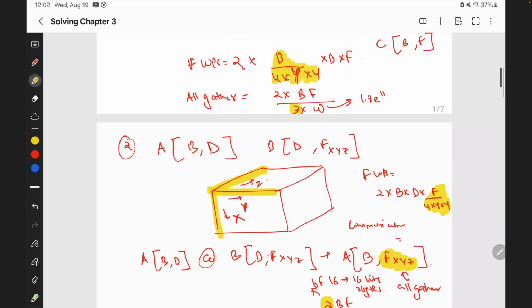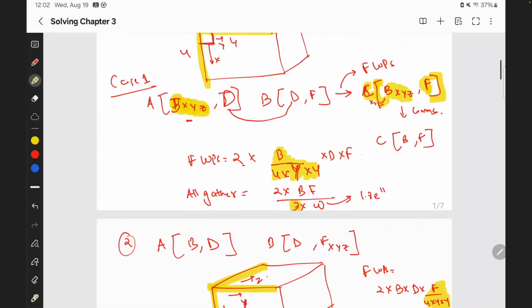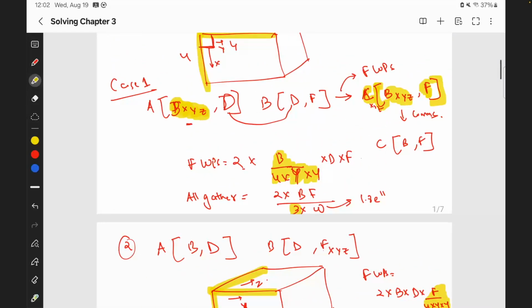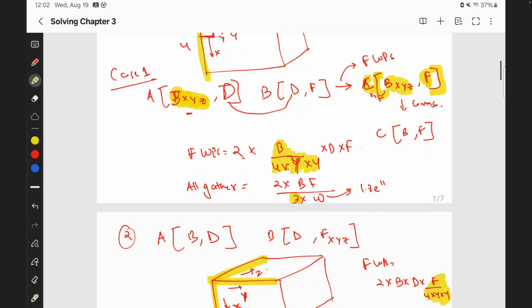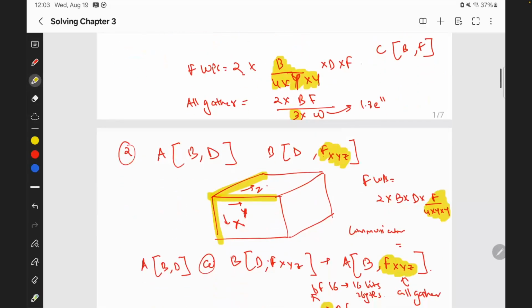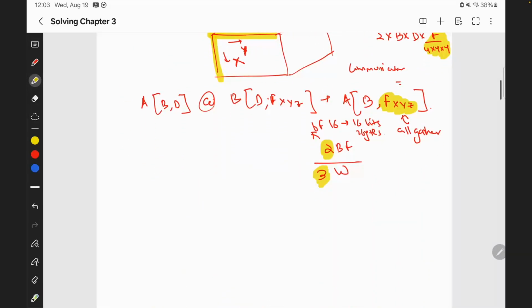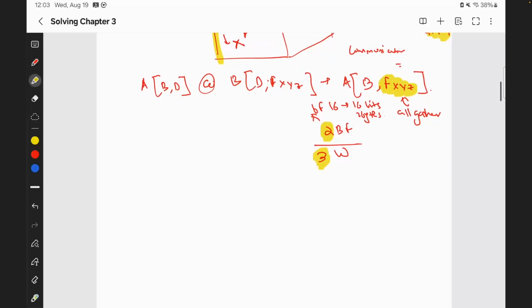And this 3 again comes from the fact that we have sharded across 3 axes. So we can see that these two are complementary to each other, where first you have sharded b, and in the second case you have sharded f instead. So let's go to the next type, where we have some arrangement like this.